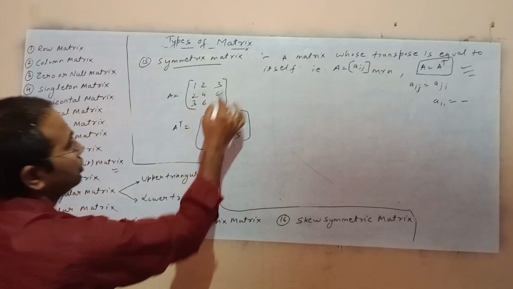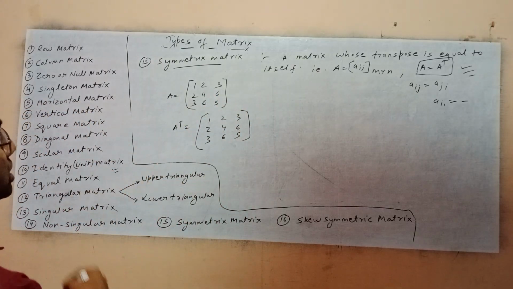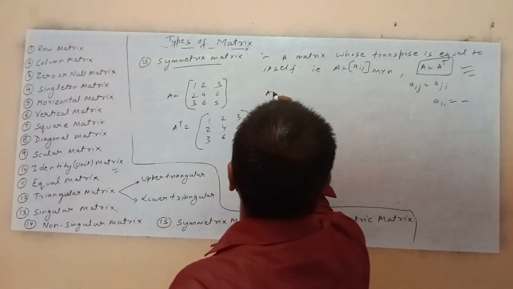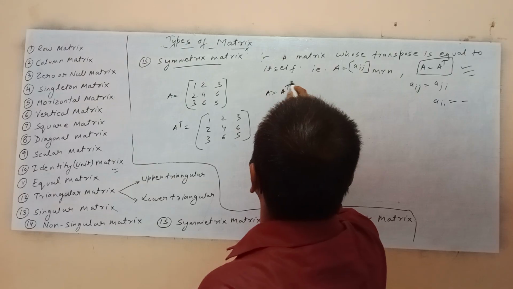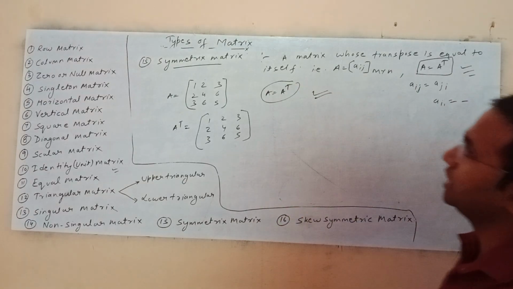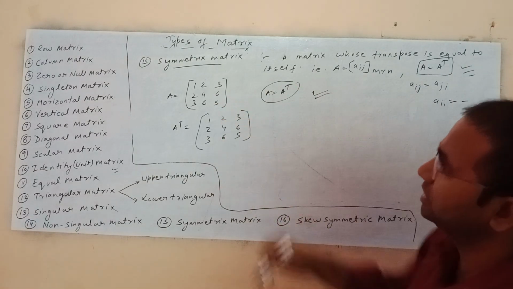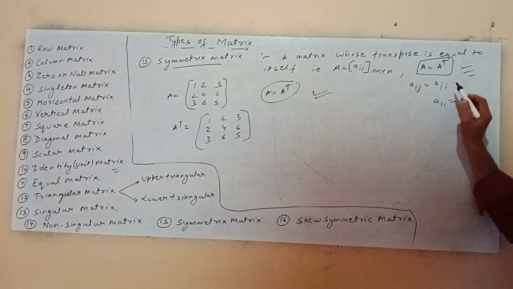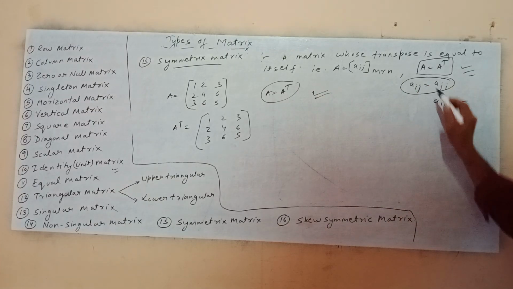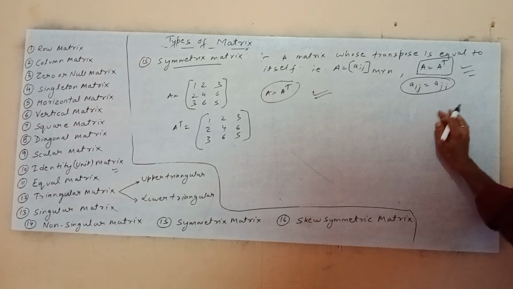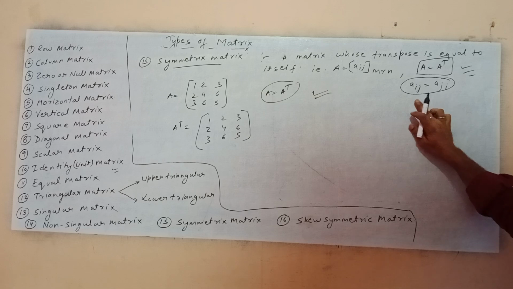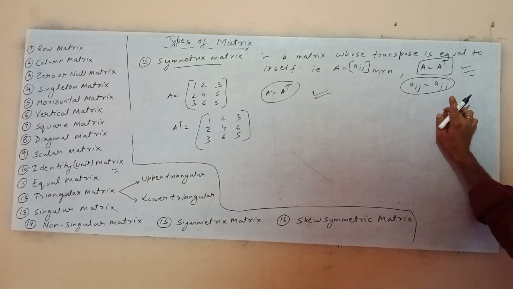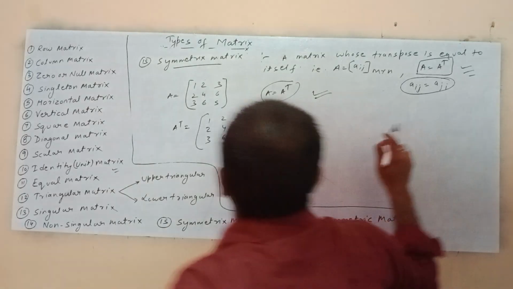Both are the same, satisfying this condition, so this type of matrix is called a symmetric matrix. Aij should be equal to Aji for a symmetric matrix.